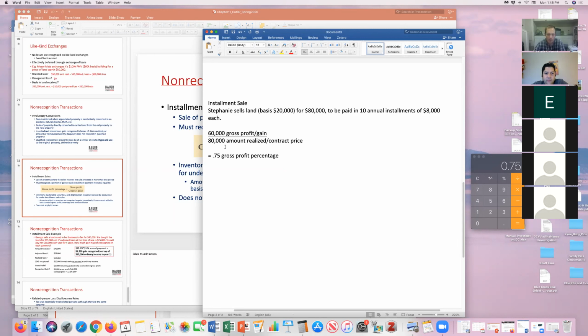You could figure this out. So, year one, she receives $8,000. 8,000 times 0.75 equals 6,000. That's the gross income for year one, and it's going to be the same each year.